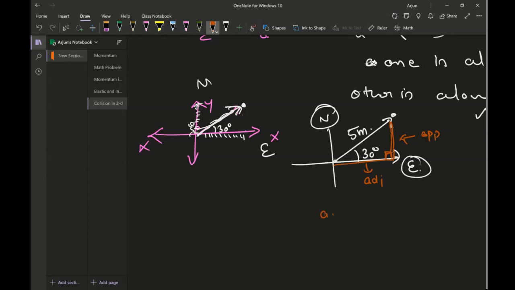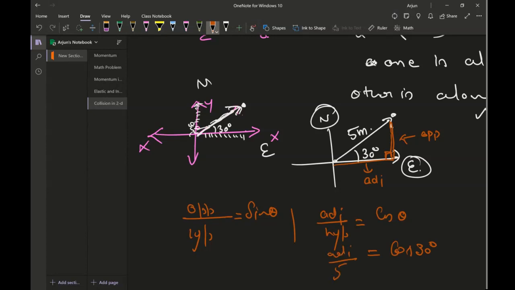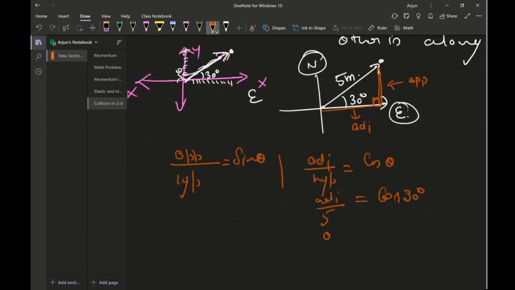Adjacent upon hypotenuse is equal to cosine of theta, and in the same way opposite upon hypotenuse is equal to sine of theta. These are the formulas. By applying them, I can find the adjacent and opposite sides. So this is cos 30 degrees, hypotenuse is 5, this is adjacent. I'll leave the calculation for you to do: 5 cos 30 degrees.